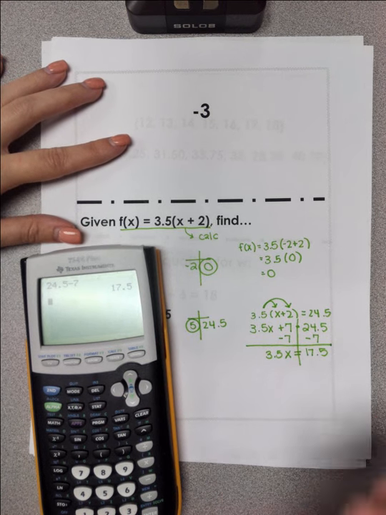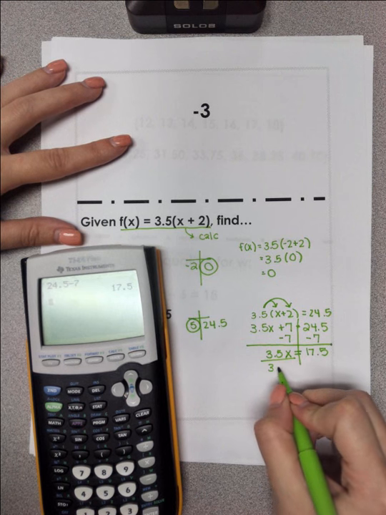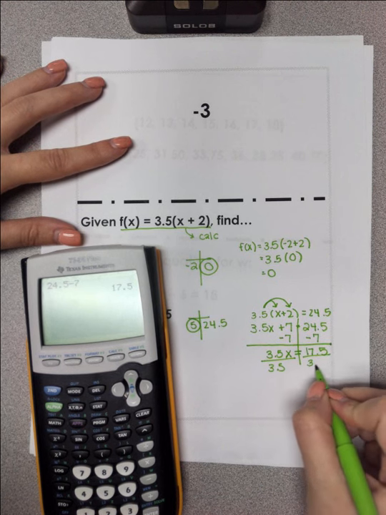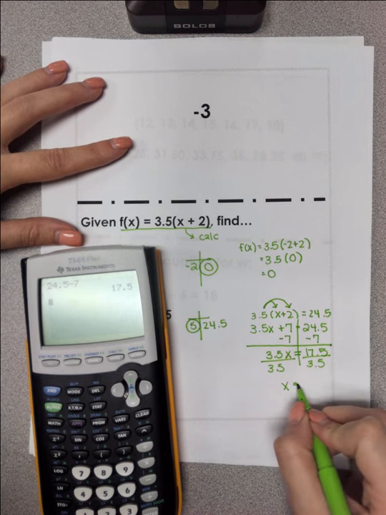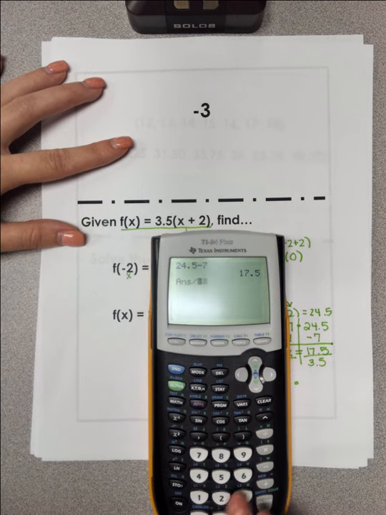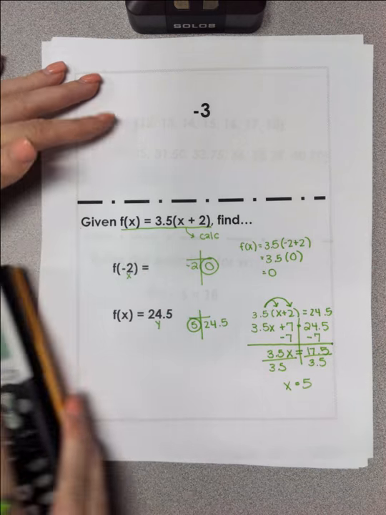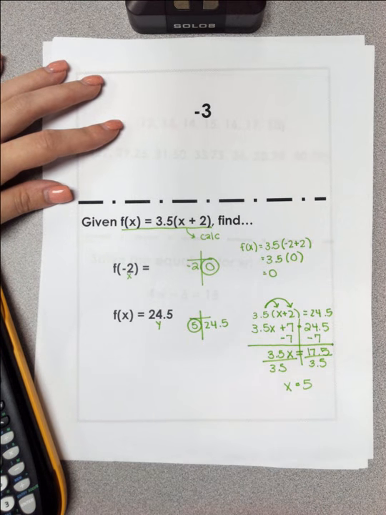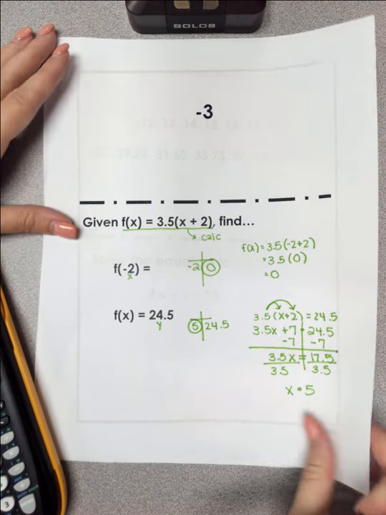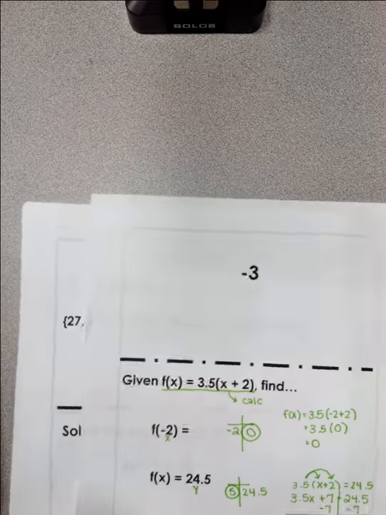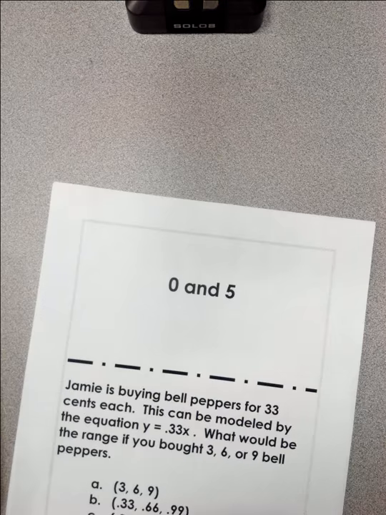And the final step is divide both sides by 3.5. So divide by 3.5. So x equals 5. And that is exactly what I got right over here. Okay, so answers are 0 and 5. So that takes me to here.